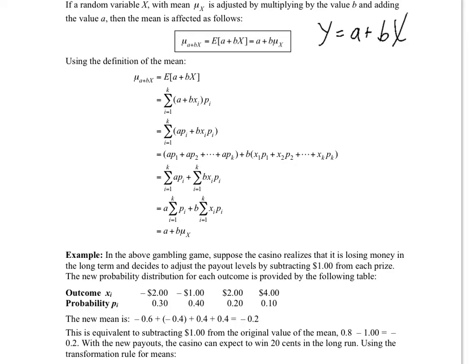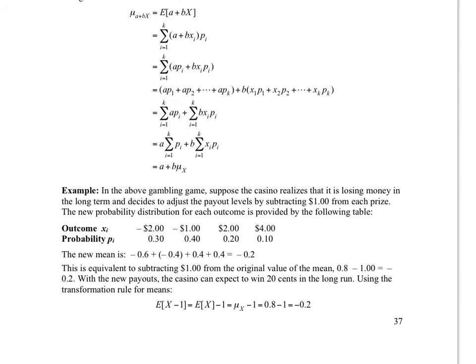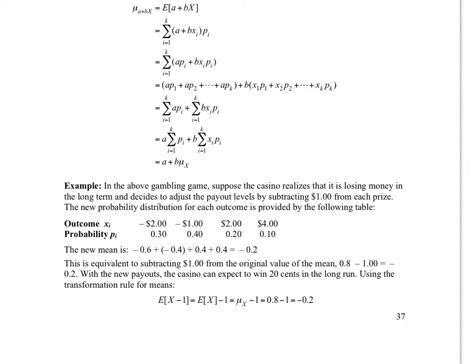You might be wondering why we have such a rule when it's easy enough to just recalculate, like in the bottom here. We did a fine job just recalculating the mean to get this value. Why did we need to use the rule, you might be asking yourself?